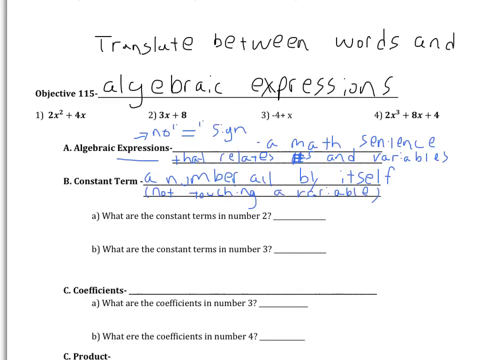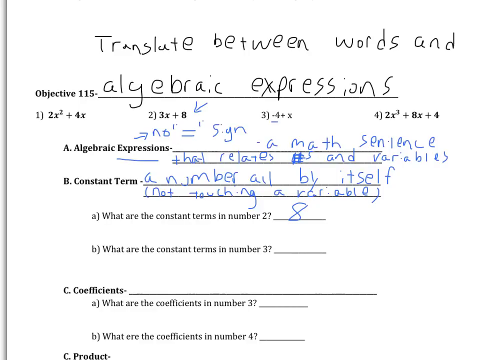So part A says, what are the constant terms in number 2? Well, number 2 is the one right up here. What are the constant terms? Well, 3x is a term and 8 is a term. The 3x isn't constant because it has a number touching a variable. So the only constant term is 8. Part B, what are the constant terms in number 3?